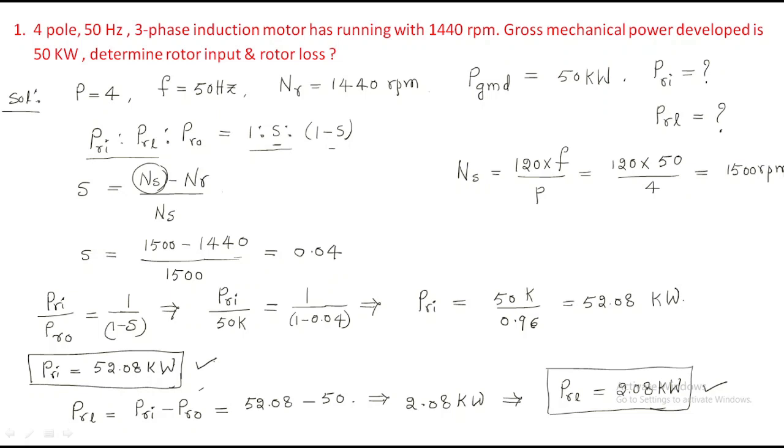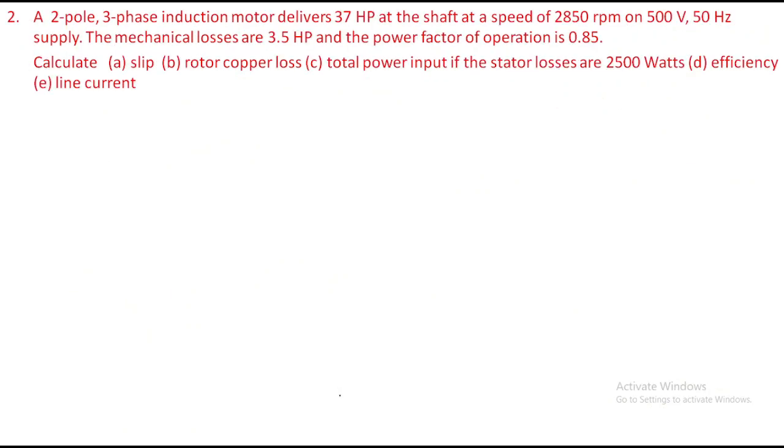Now we look at the second problem. A 2-pole 3-phase induction motor delivers 37 horsepower at the shaft at a speed of 2850 rpm on a 500 volt 50 Hz supply.